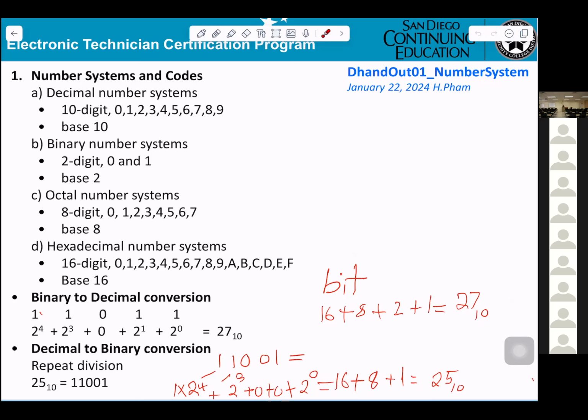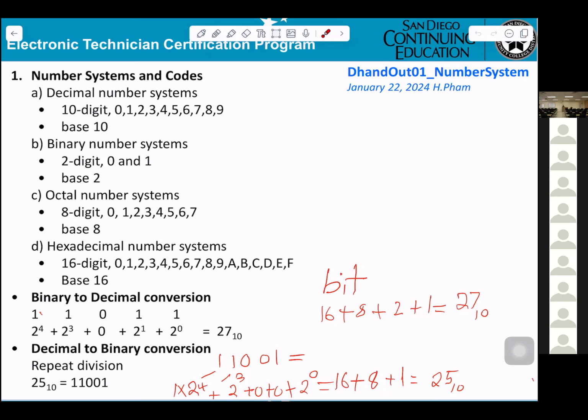If you get a binary 11011, remember, inside the computer, only binary can be understood, either 1 or 0, nothing else. When you're typing a decimal number, 9 for example, the computer cannot understand number 9.